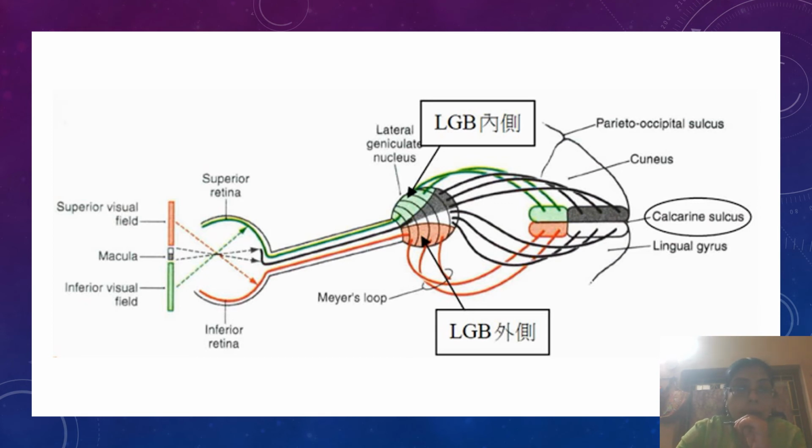So we can say Meyer's loop contains input from the inferior retinal quadrants, which represent the superior visual field. So Meyer's loop is responsible for the vision of what? The superior visual field.